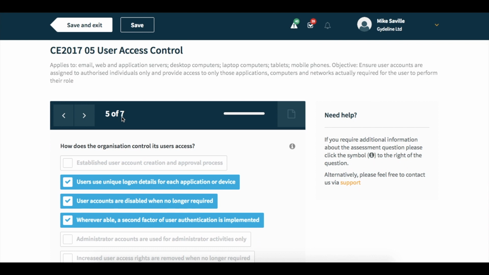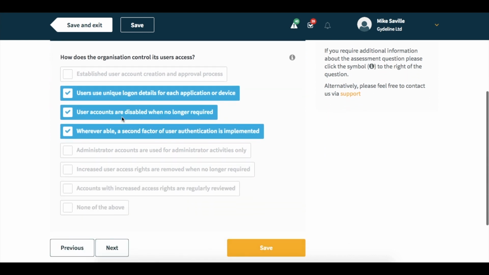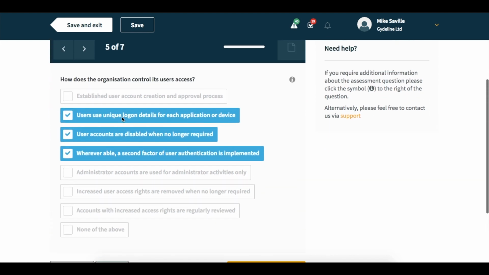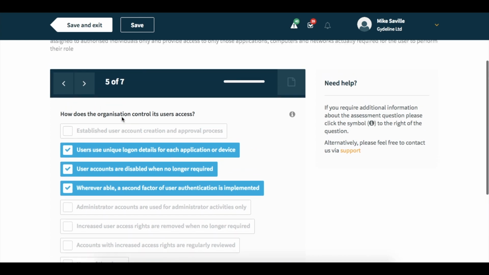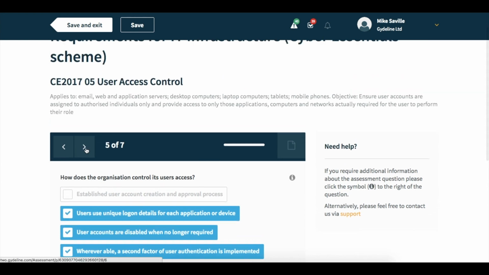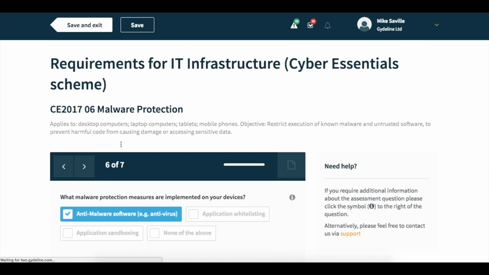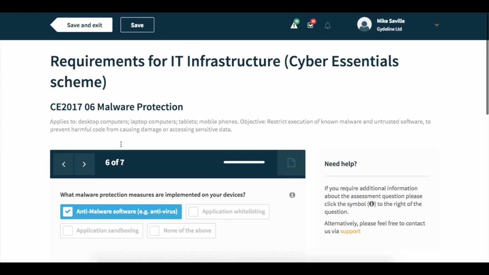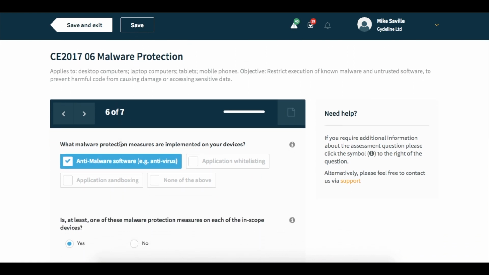It also covers user access. What sorts of controls do you have? How do you manage your accounts, the disablement of accounts and deletion of accounts? And then it also talks about malware. So do you have antivirus? Do you have anti-malware?